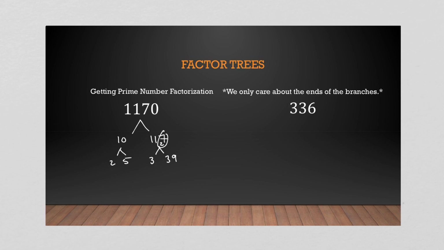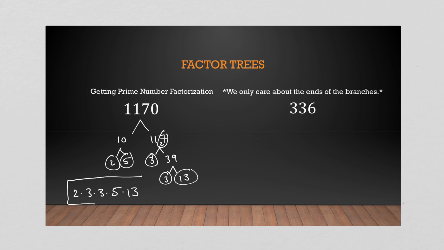Now you might be looking at 39 and saying, well, that's definitely prime. Look at that. Well, what's 9 plus 3? 12. So I can divide it by 3. 3 goes into 3 once, 3 goes into 9 3 times. So now prime, 1,170 is 2 times 3 times 3 times 5 times 13. That is my prime number factorization. Yes, that number is 1,170. But now I know what it's made up of.